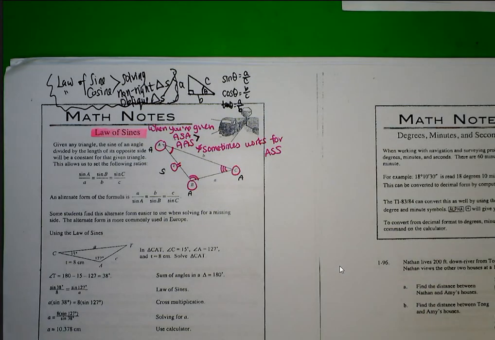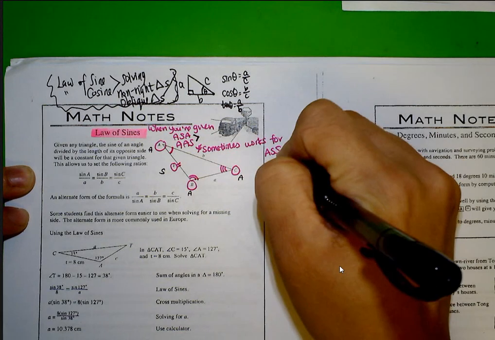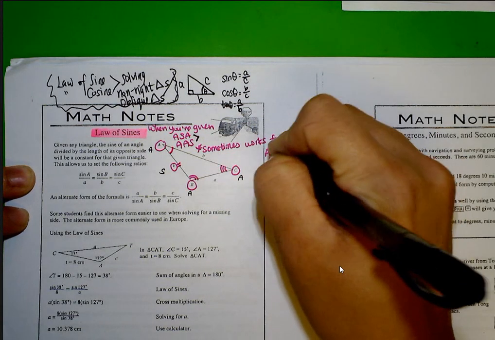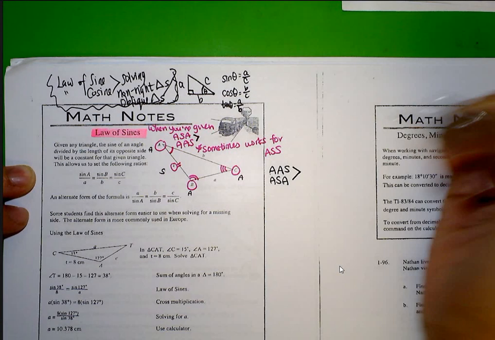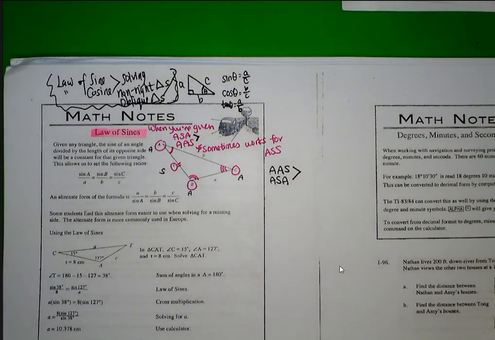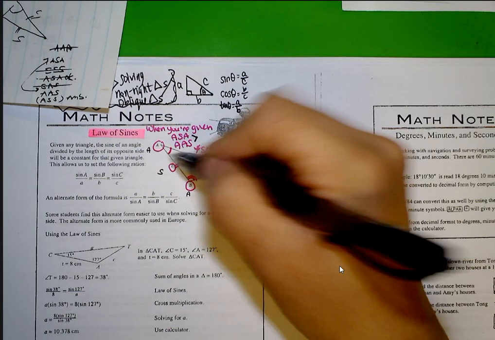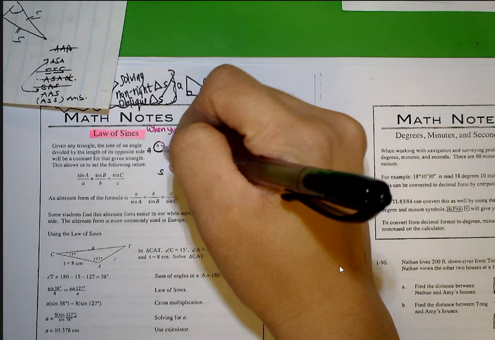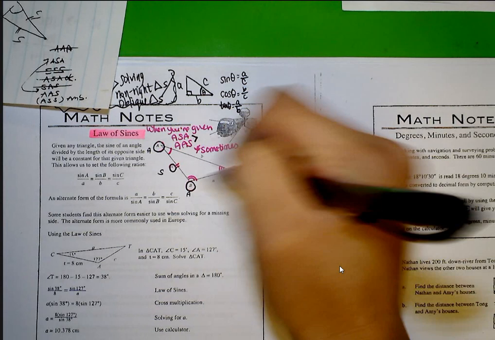One way you can think of this, for AAS and also ASA, is that you would have all four things: angle, side, angle, and the other angle.